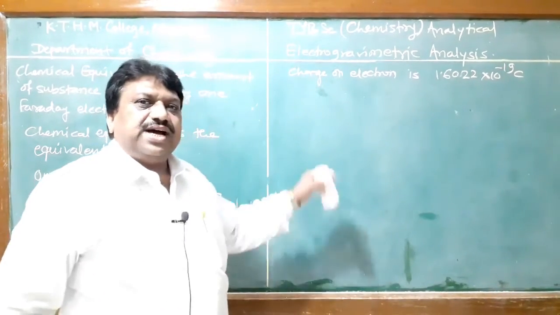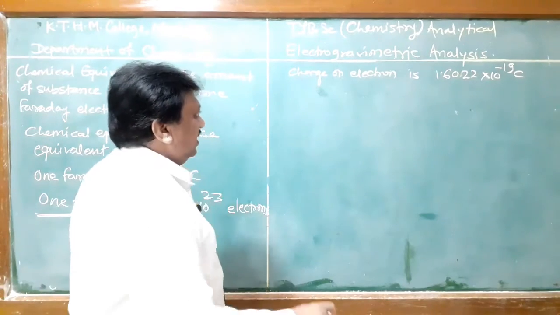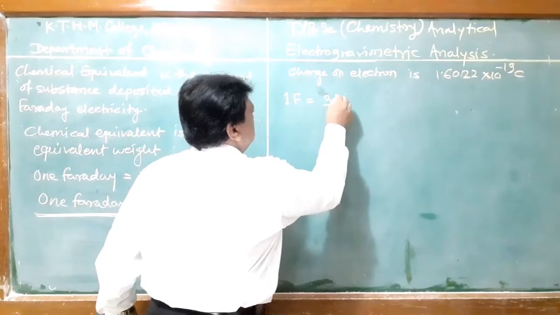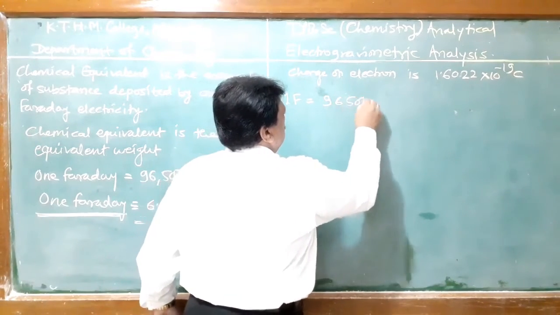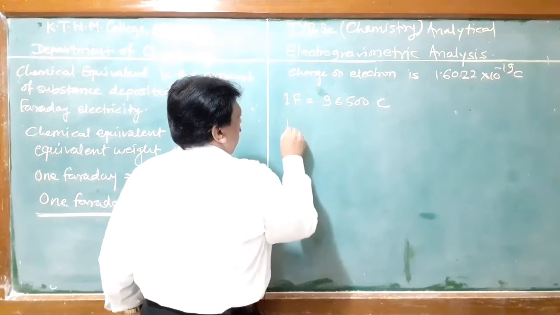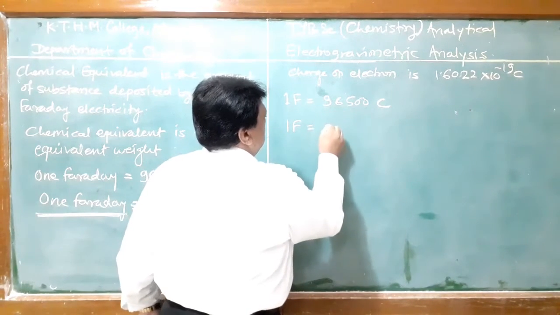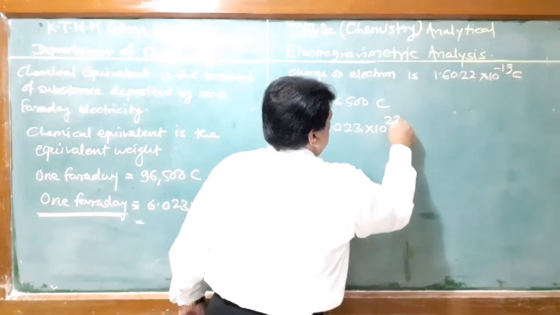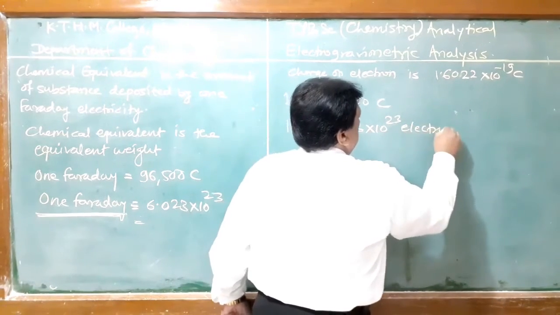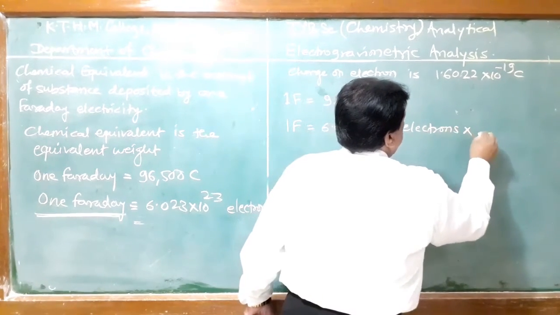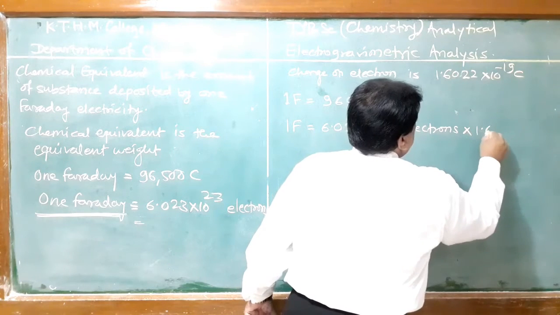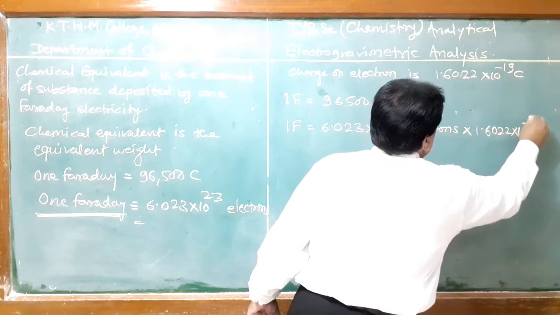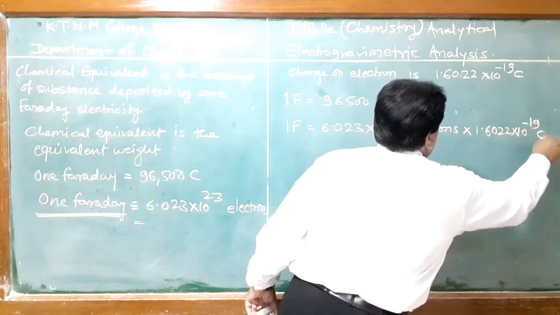Here 1 Faraday, that is 96500 coulomb, gives Avogadro's number of electrons for the reduction process, and each electron has a charge of 1.6022 into 10 raised to minus 19 coulomb.